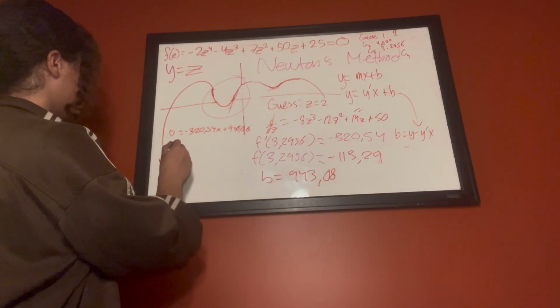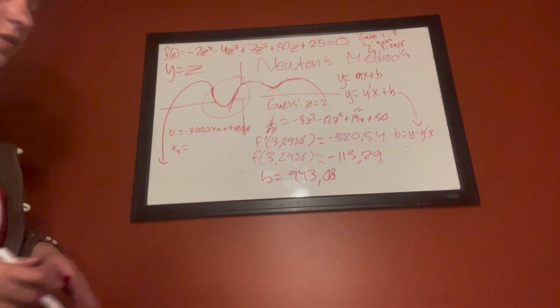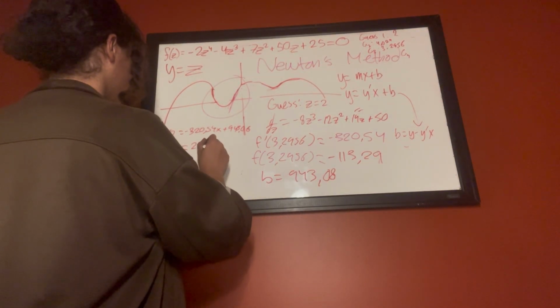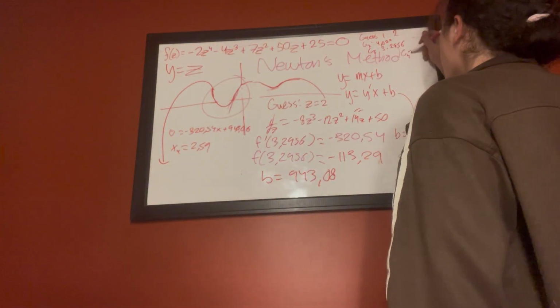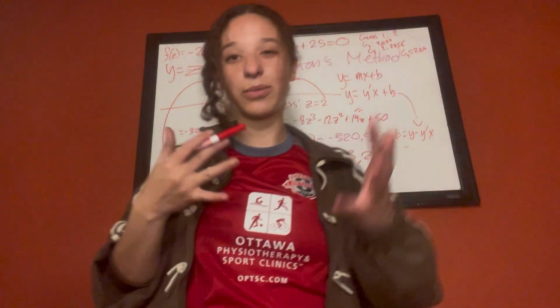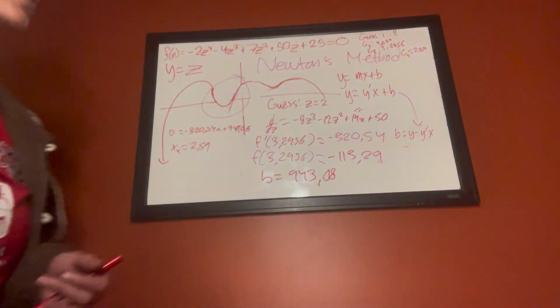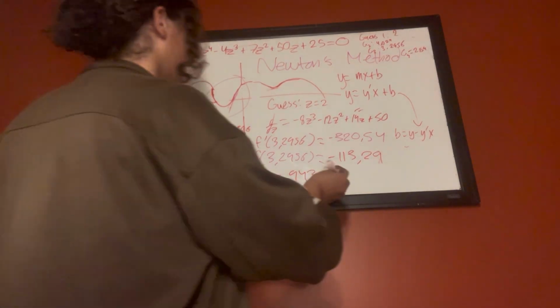Anyways, my x4 is 2.59. We're not converging yet, guys. Okay, let's see how many we do before we call it a day. We'll do more. I want to approach something. We'll see.